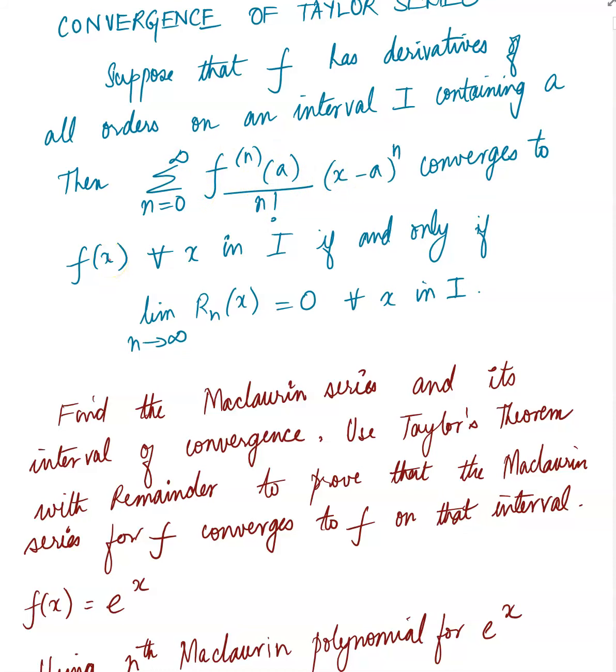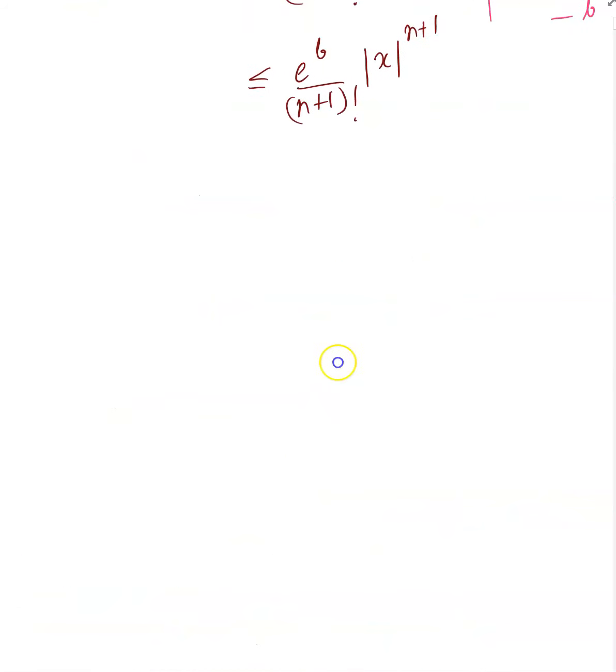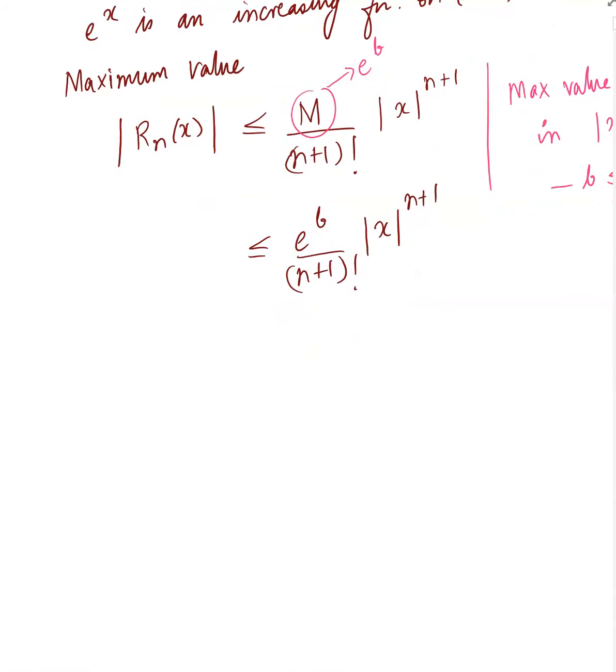So if I show that the limit of Rn is equal to 0, then I have proved that the series, in this case, it's not Taylor series, it's a Maclaurin series because it's a special case of Taylor. So we'll prove that the Maclaurin series for f converges to f.